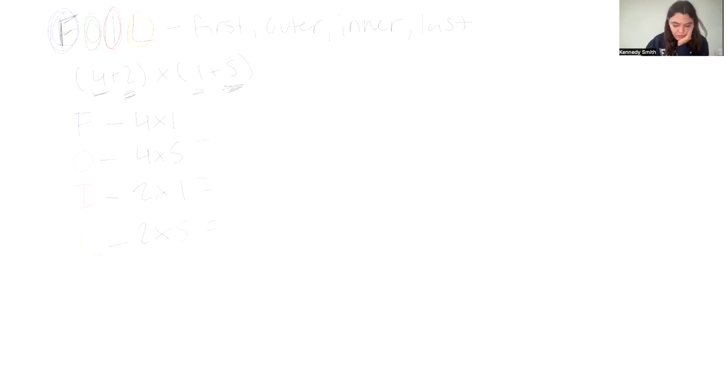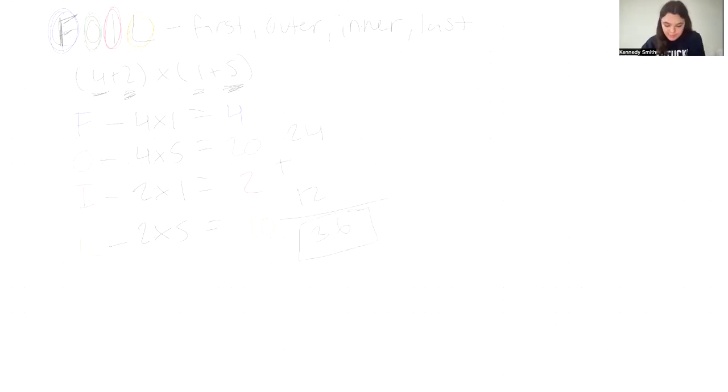So 4 times 1 is 4. 4 times 5 is 20. 2 times 1 is 2. And 2 times 5 is 10. So we could further consolidate that. 10 plus 2 is 12, 20 plus 4 is 24, and then we can add them up, equaling 36.